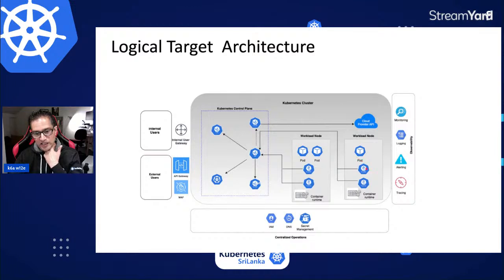Obviously, you are running agents to collect monitoring, logging, alerting, and tracing data, but have the observability outside of your Kubernetes cluster, because the last thing you want is, if somebody gets access to your cluster and starts controlling it, for your observability and centralized operations to be taken over. Right?